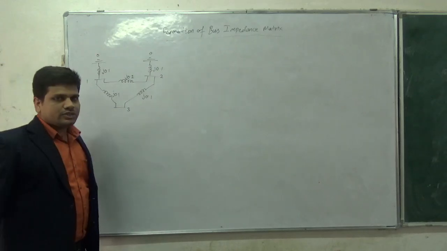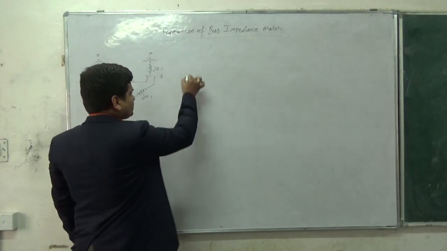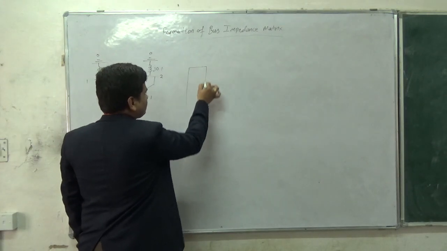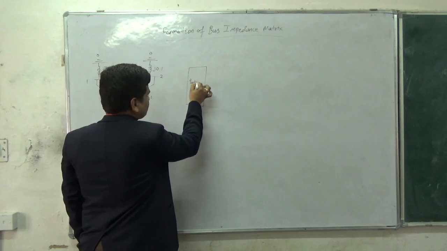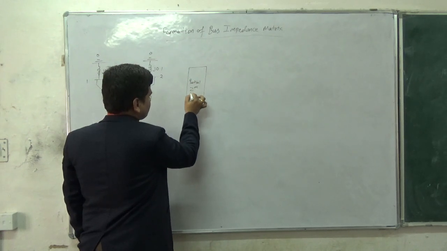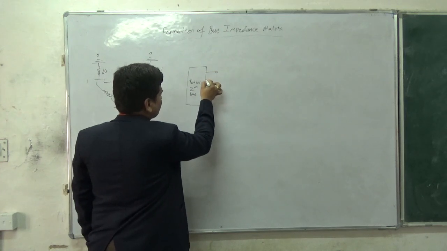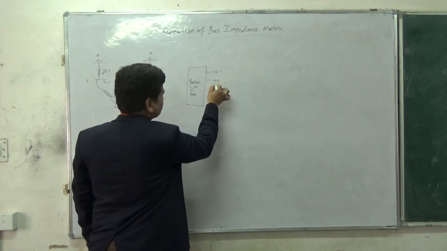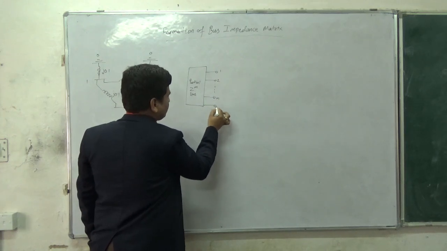So before going to start, let me clear 2 things here. Suppose this is my partial Z bus network, having some buses, bus number 1, 2, bus number n, and this is my reference.